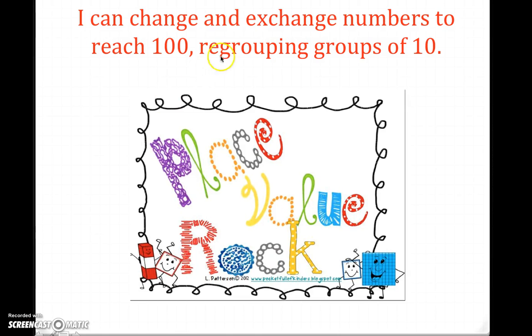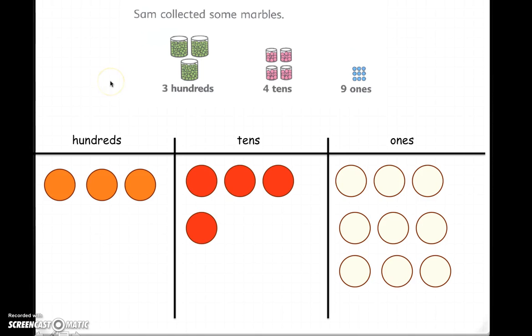All right, we've done this before, but we're going to be changing numbers to reach 100. So I'm showing you this picture because of a really important thing I want us to remember. Even though in a place value chart we might see one place value chip, if it's in the hundreds column, that's really showing a group of 100.